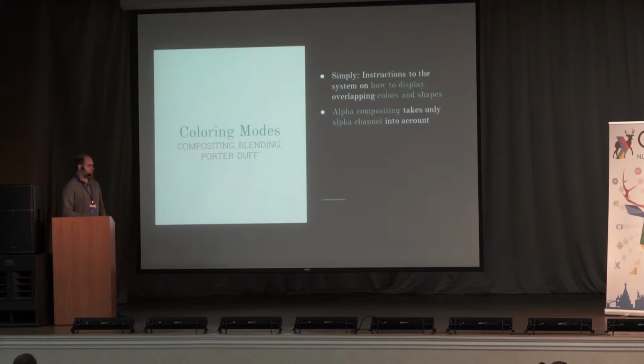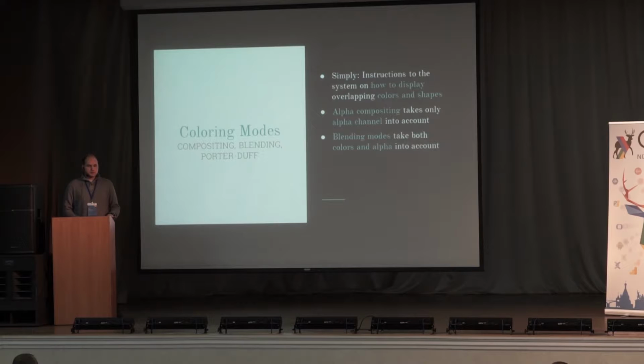Alpha compositing is a process of rendering where the rendering system picks the new shape based on the two given shapes using only the alpha channel. So only transparent and non-transparent pixels are taken into account. I'll show an example also.